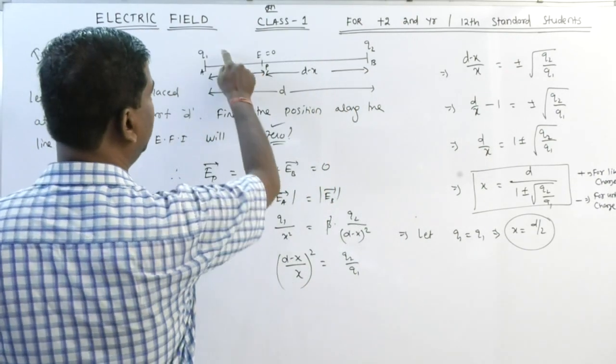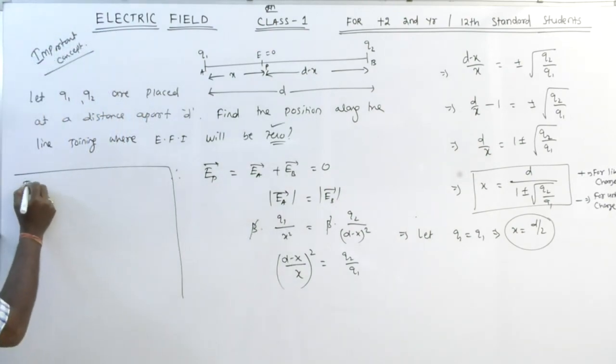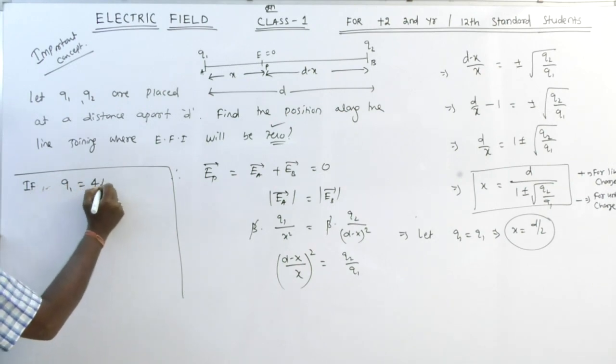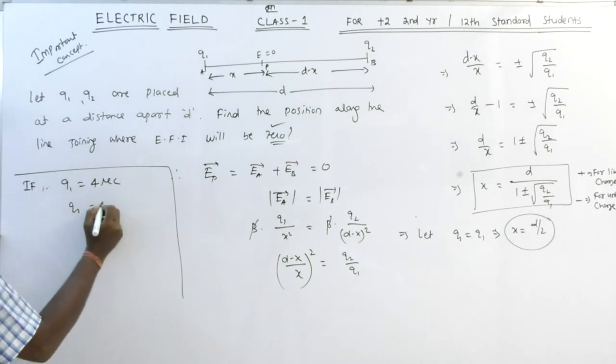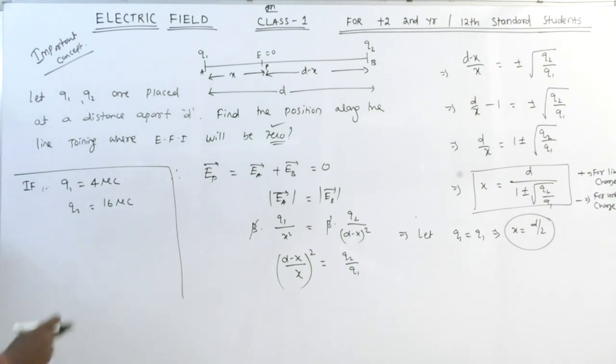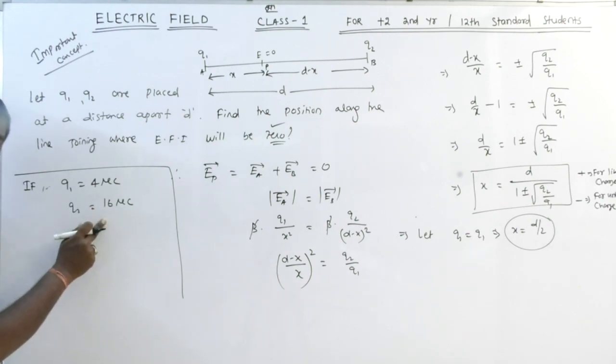Let us imagine that Q1 and Q2 is given. If Q1 is 4 microcoulomb and Q2 is 16 microcoulomb. Listen carefully. This is 4, this is 16. Both are same sign.